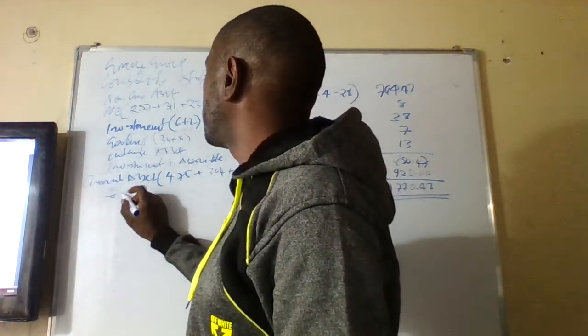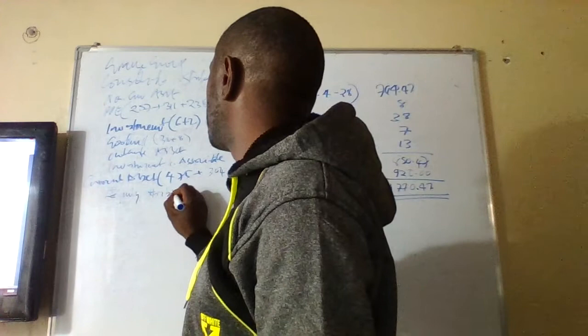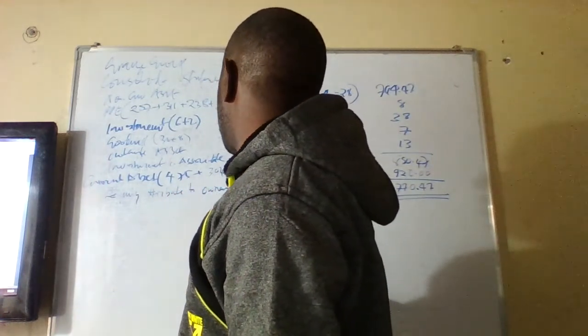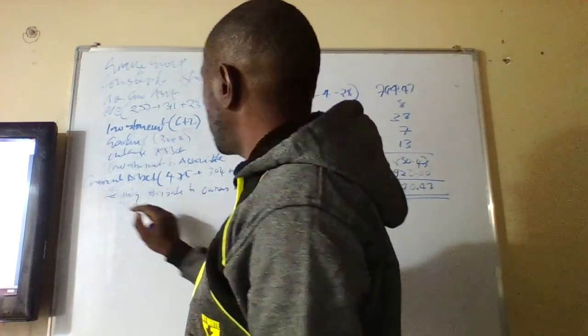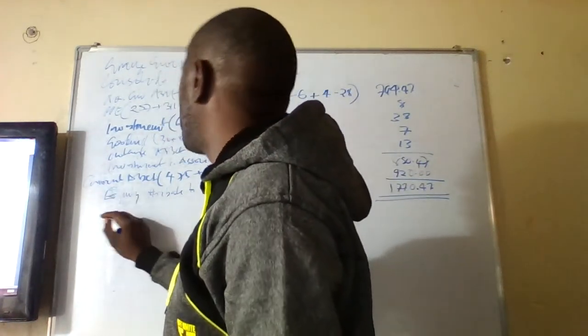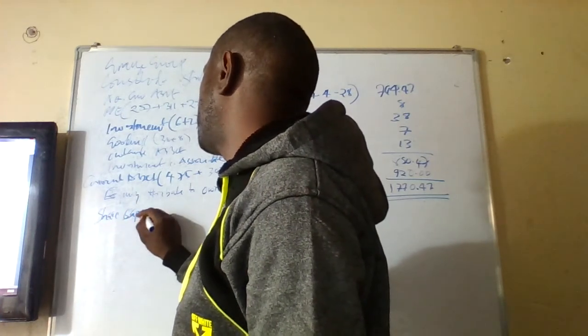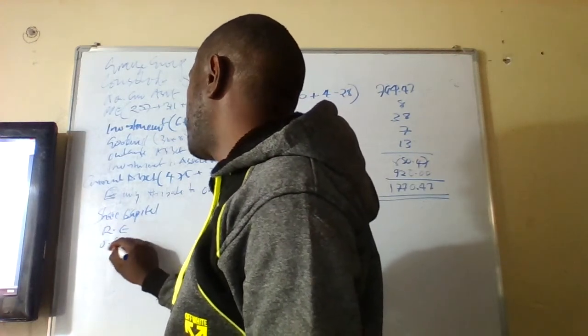Equity attributable to owners of the parent. Who are owners of the parent? Share capital, retained earnings already calculated, other components of equity.